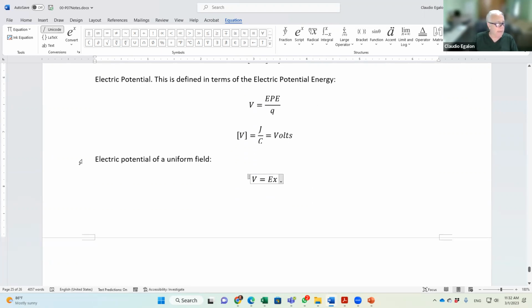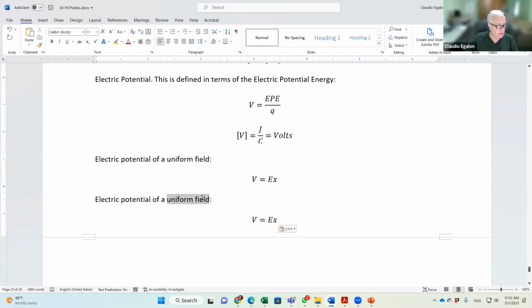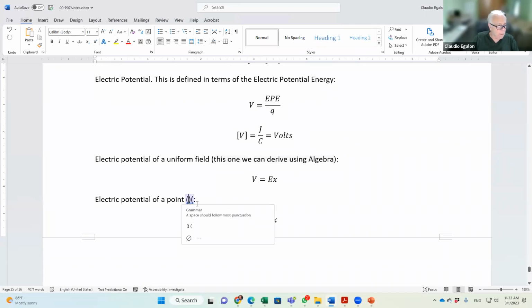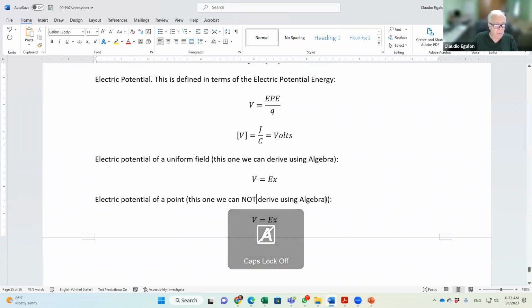And electric potential, not of a uniform field, but of a point charge. This one we can derive using algebra. This one we cannot derive using algebra.